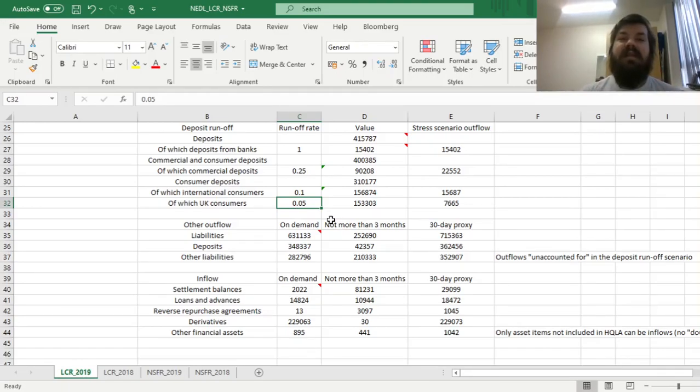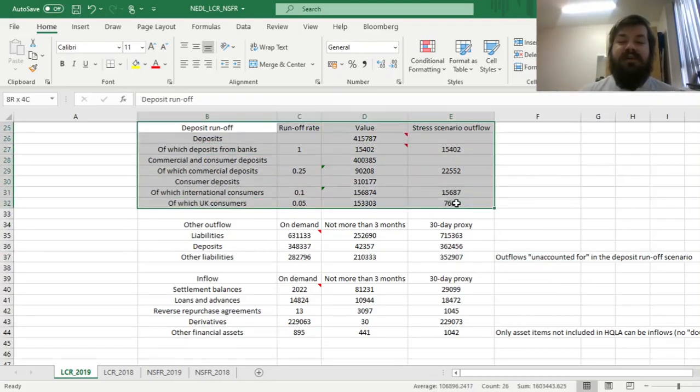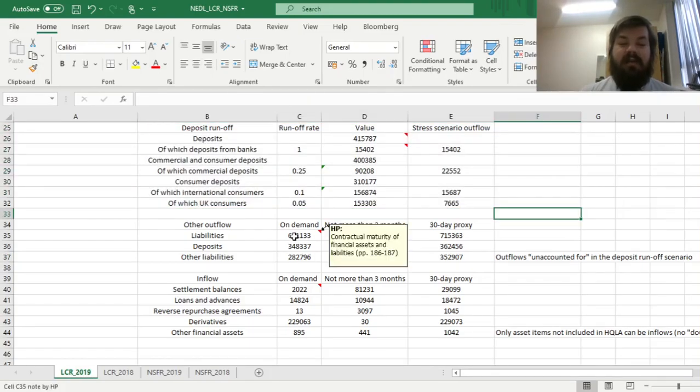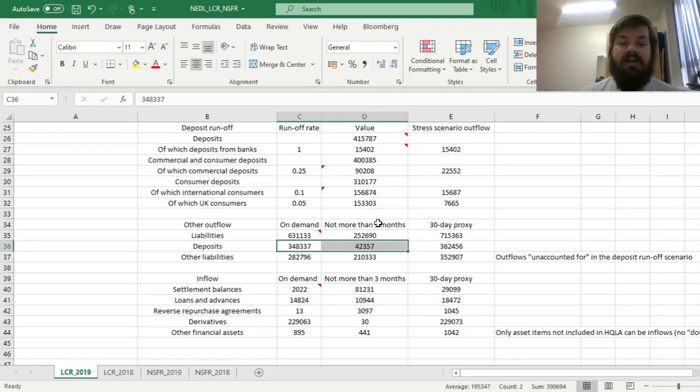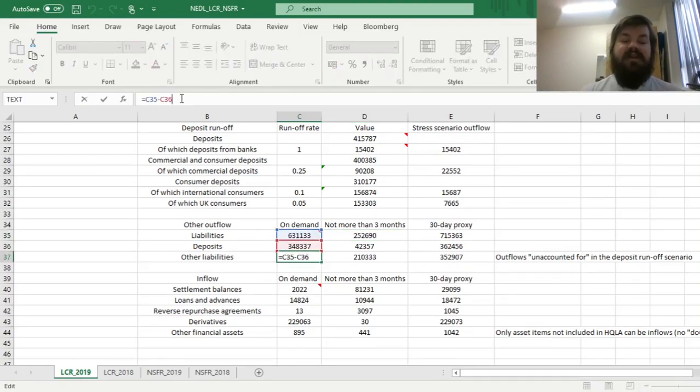So we need to account now for liabilities that are maturing in a 30-day period with deposits taken out of the picture, as we already accounted for them in this deposit runoff scenario. And here we return back to the contractual maturity of assets and liabilities page in Barclays disclosure, and just subtract the deposits across the respective maturity bands from total liabilities and get other liabilities that are due on demand and in not more than 3 months.